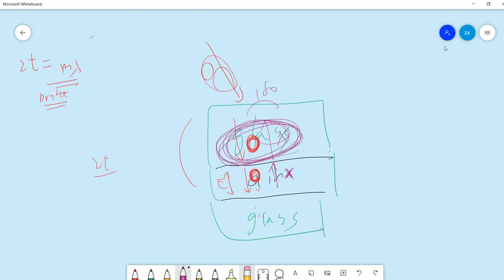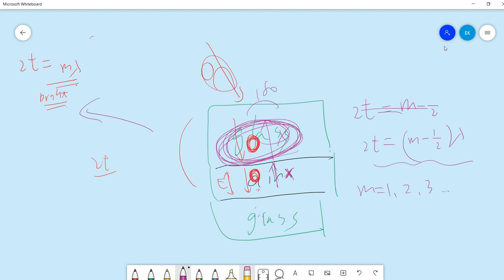So what we need to modify in this formula basically is 2t equals m minus half lambda, where m is 1, 2, 3. So this is the new formula.